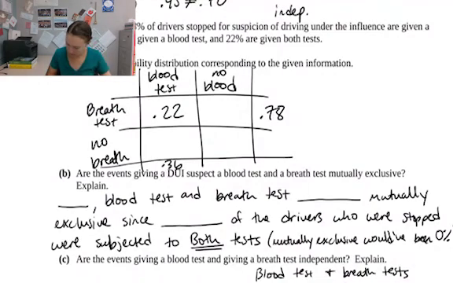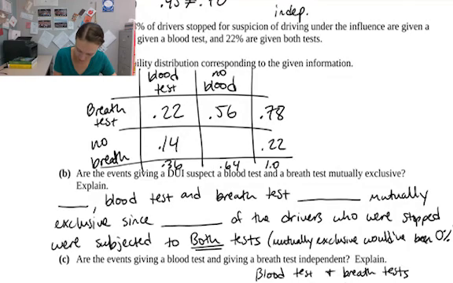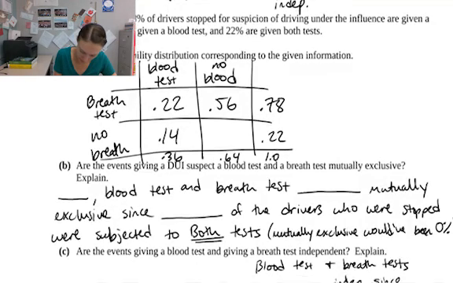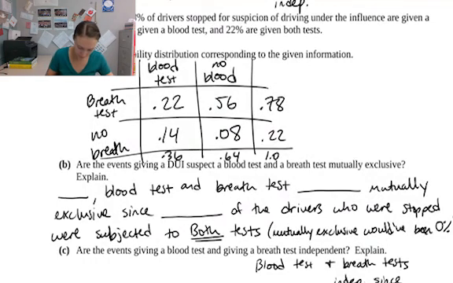So let's see, this is going to make 0.56 and 0.14, and I need 64 to make 100. I need 22 to make 100, and that leaves this with 0.08.